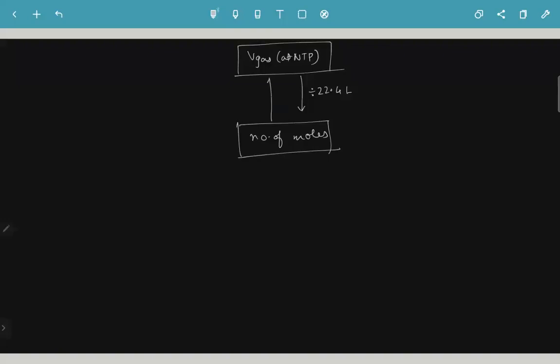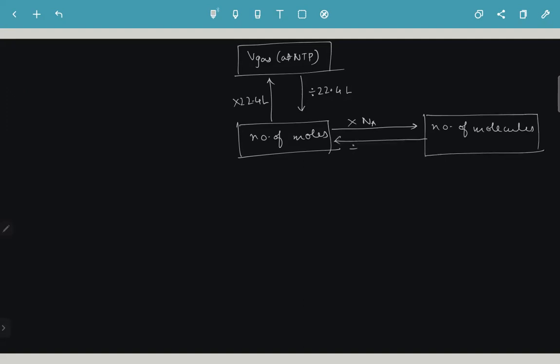Number of moles into 22.4 liters will give the volume of gas. Number of moles into Avogadro's number will give the number of molecules. Number of molecules divided by Avogadro's number will give the number of moles.